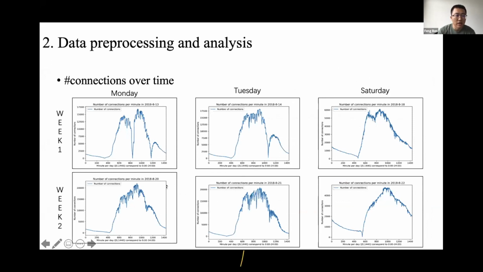But for the second week itself, they are similar. For the weekends, the distribution looks very similar. We think the reason should be that this week is the first week of the semester. A large part of the courses have not started, so the distribution of online number varies quickly.